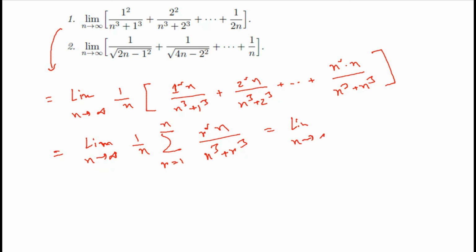Equal to limit n tends to infinity 1 by n summation, just dividing this and this by n cube, and we will get r square by n square by 1 plus r cube by n cube.